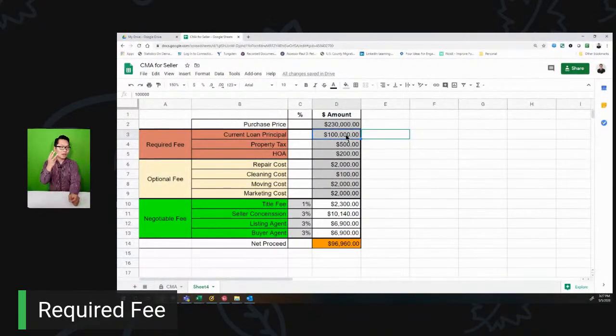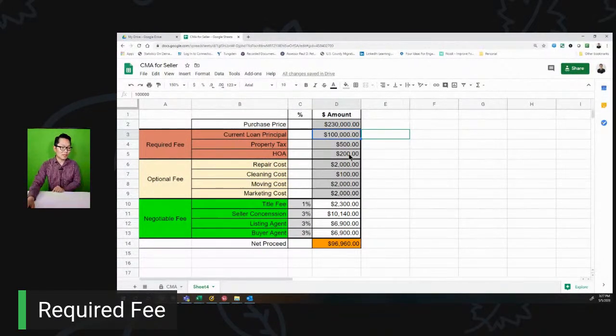The third required fee is the HOA fee. The HOA is whatever you owe within that month, for example. If you pay the HOA fee monthly, and you close on the 15th of the month, then from the 1st to the 15th you are responsible for paying that fee.